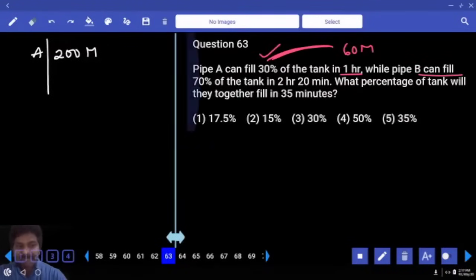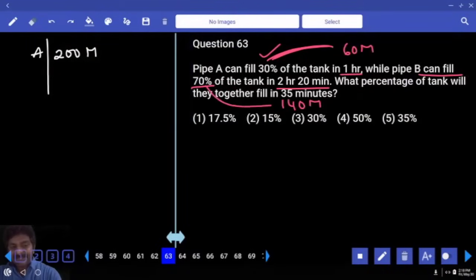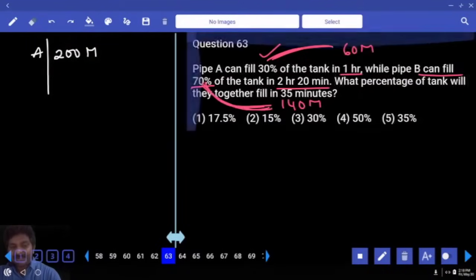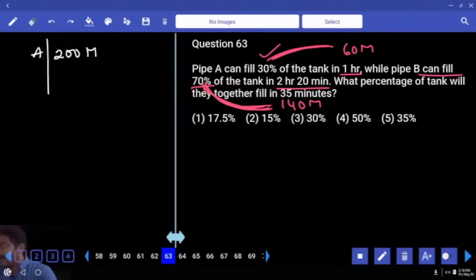Pipe B can fill 70% of the tank in 2 hours 20 minutes. Convert 2 hours 20 minutes into minutes. 2 hours meaning 120 plus 20. So now it is taking 140 minutes to fill 70%. 70 and 140, identify the relation. Double. Then 100% can be filled in 200 minutes. So that means both the pipes are taking the same time, right?